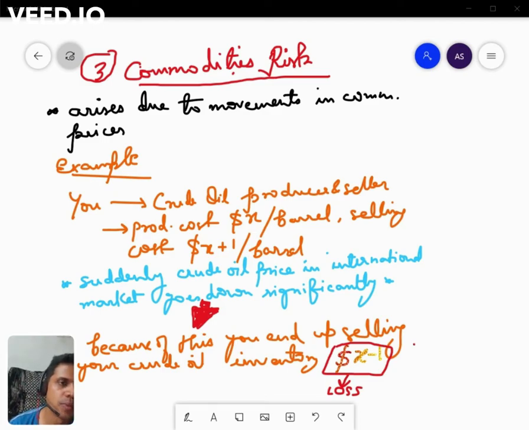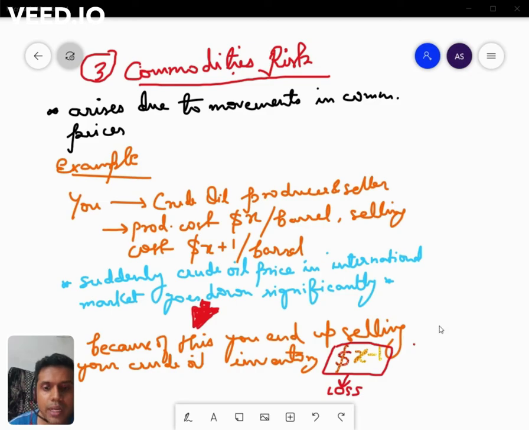Again, in simple terms, let's say you produce and sell crude oil, right? Now your production cost is, let's say, X dollars per barrel, and your selling price is, let's say, X plus $1 per barrel. Now, due to some unforeseen events, the demand for crude oil goes down significantly as opposed to supply, and this leads to a major downfall in crude oil prices, and subsequently you are forced to sell your crude oil inventory for, suppose, X minus $1 per barrel, meaning you start selling your production at a loss, right?